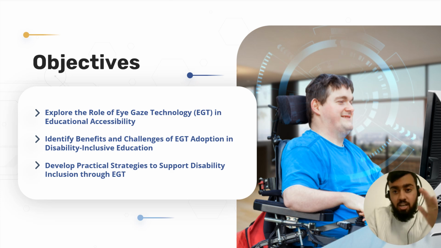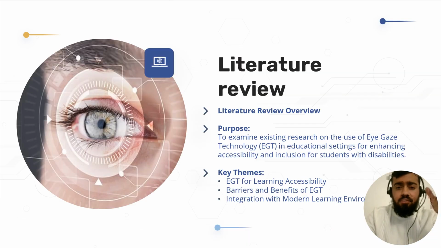We are trying to identify the challenges of introducing eye gaze technology for disability in classroom settings. We are trying to develop practical strategies to support disability inclusion through EGT, eye gaze technology.